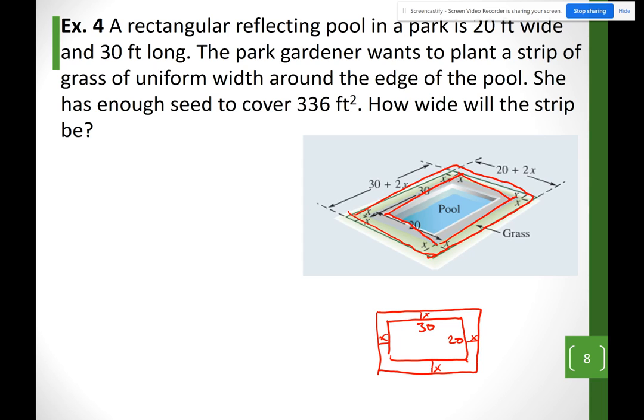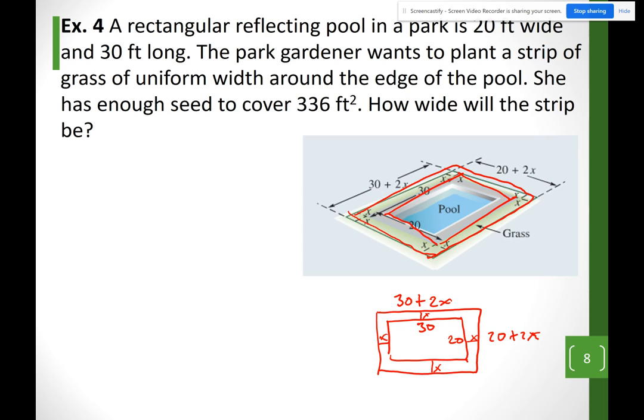So when I think of the very top, the length of this is going to be 30 plus 2x, because I have 30, but then I added x on each side, so that's why 2x. The width of it should be 20 plus 2x, right? 20 for the pool and x for each side.